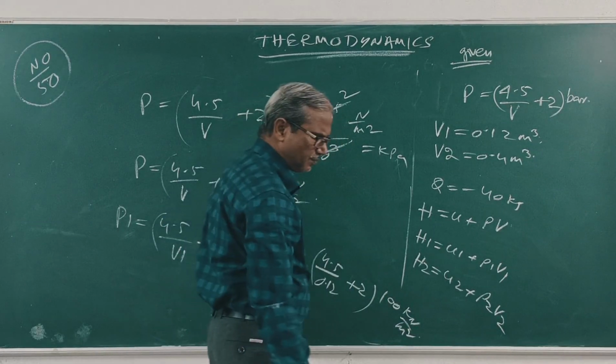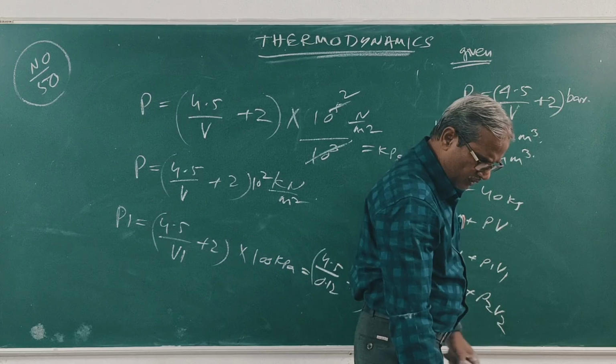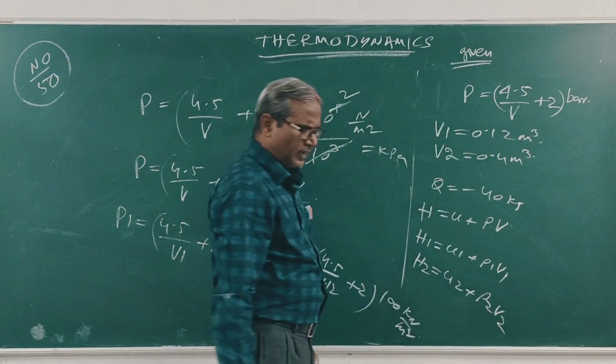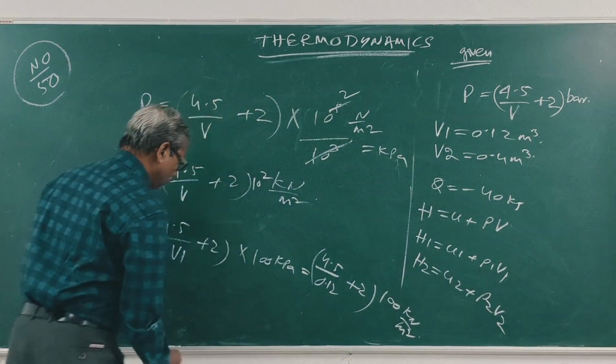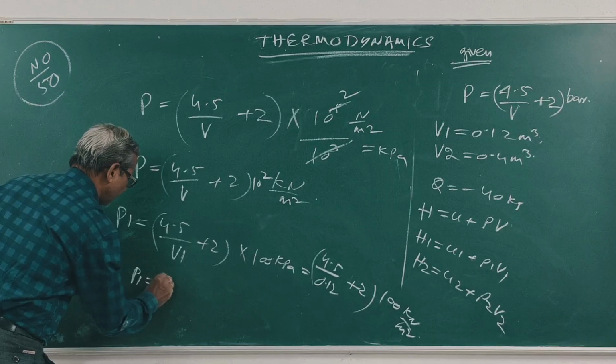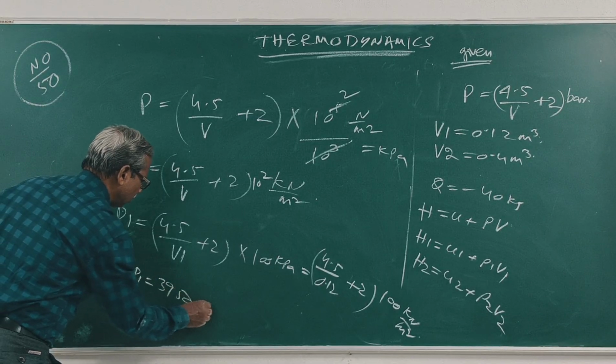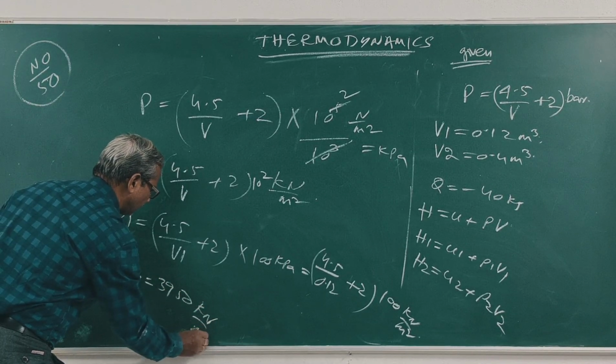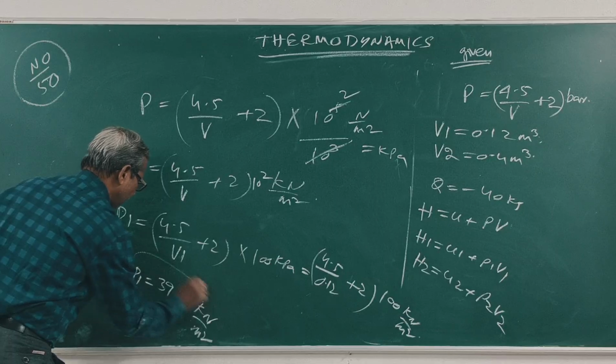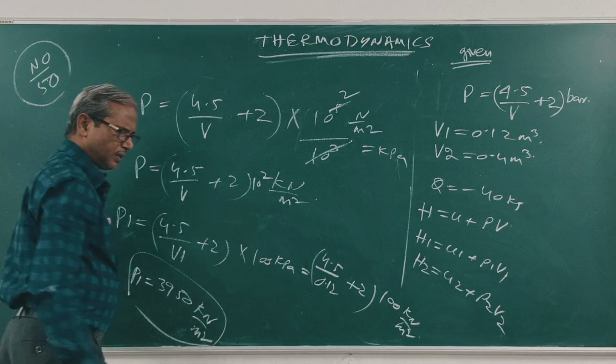So P1 is equal to 3950 kilonewton per meter square, or kilopascal. That is P1. Now P2.